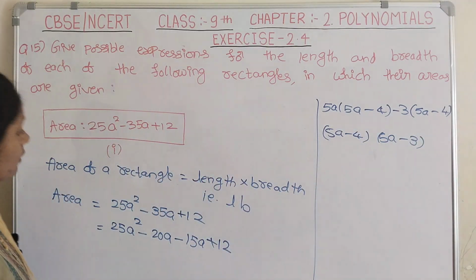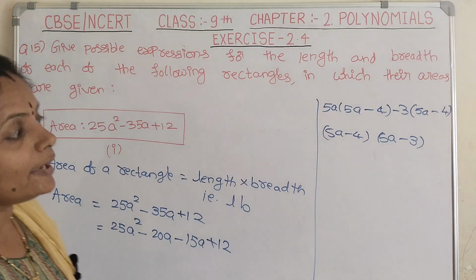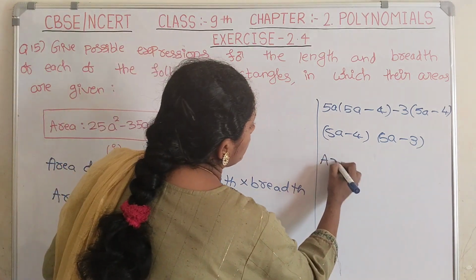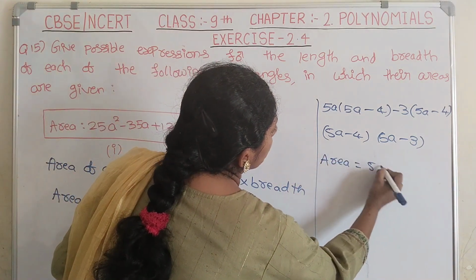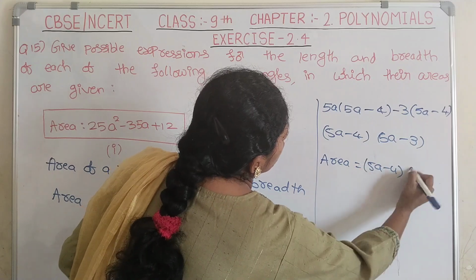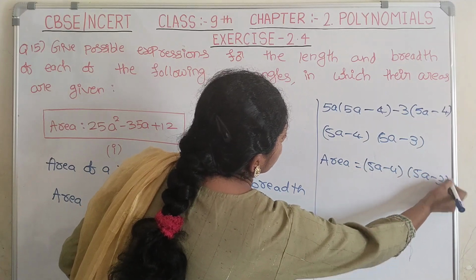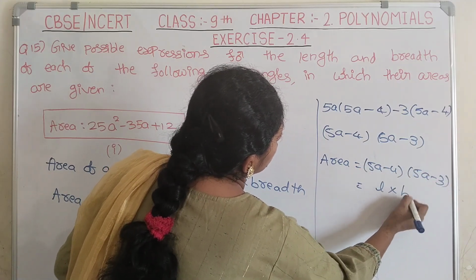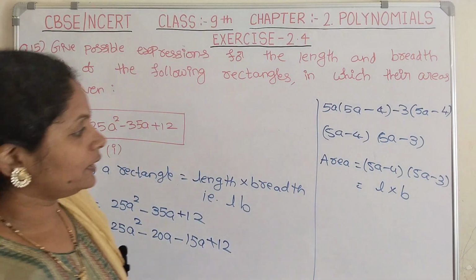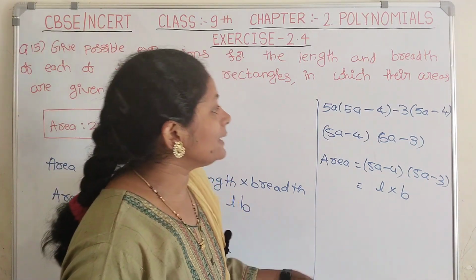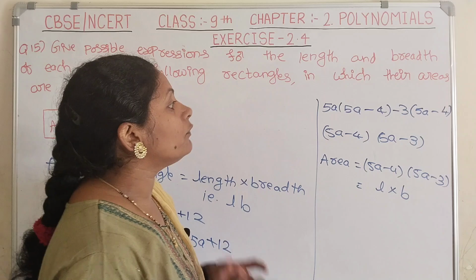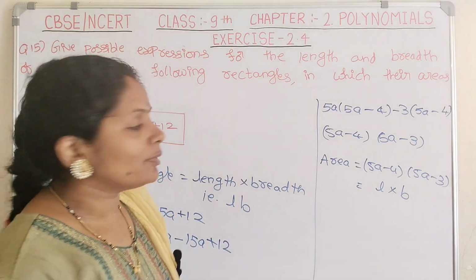We know that area is equal to L into B. Area, we got it as 5a minus 4 into 5a minus 3. Is it exactly L into B in that form? Yes. If you get 5a minus 3 into 5a minus 4, no problem at all.